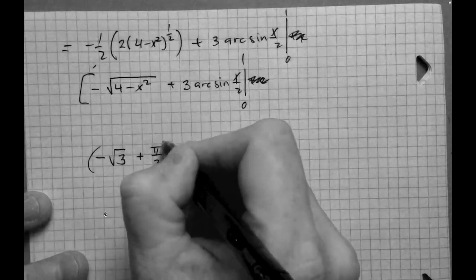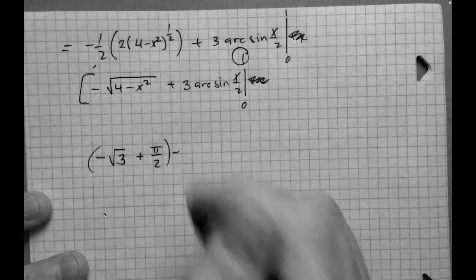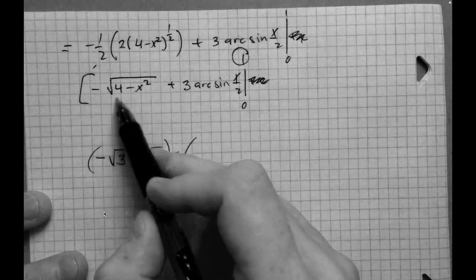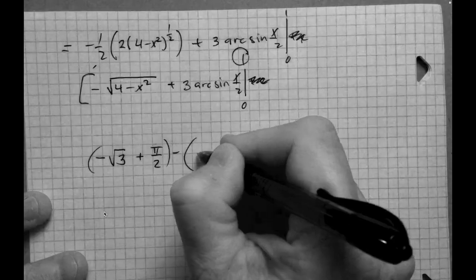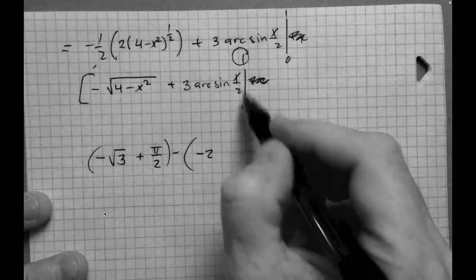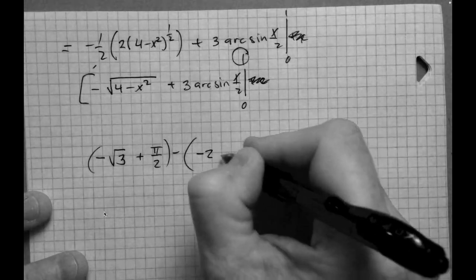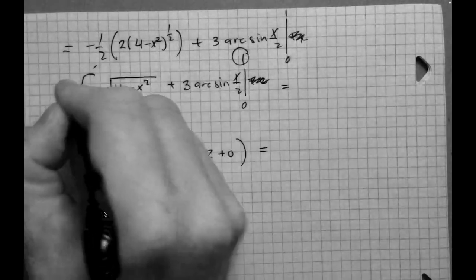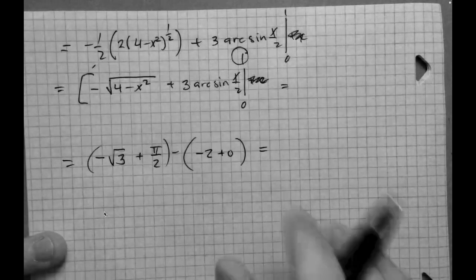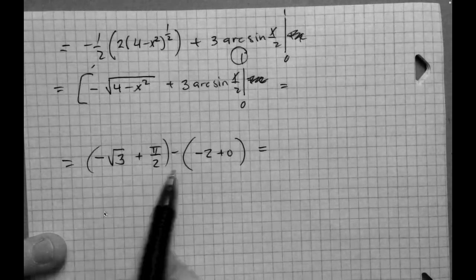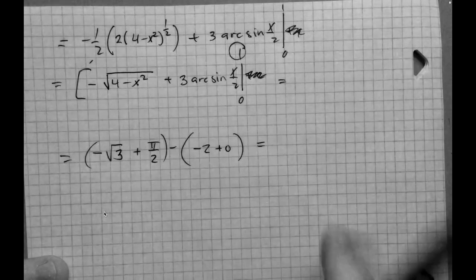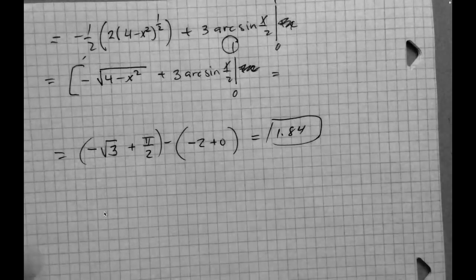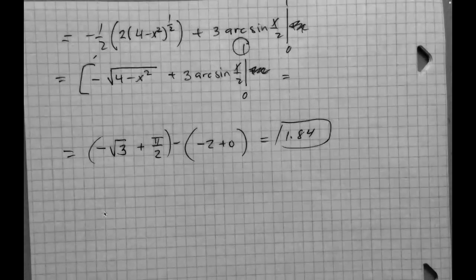And then that's everything evaluated at the top, and at the bottom, this would be negative square root of 4, which would be basically a -2, and then the arc sine of 0 is 0. Okay, so you get this. And this is a big old mess. Let's just crank out a real number for this, and we get 1.84. Plugging it in, that's what you end up with.